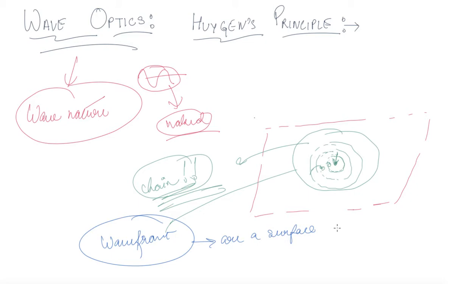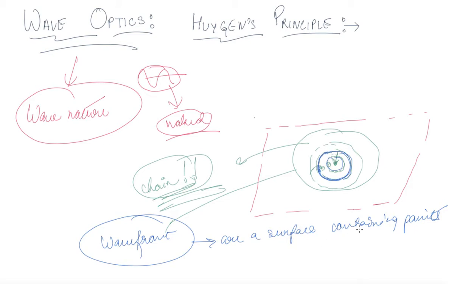Now it is a surface containing, what is this? It is containing points. Now this is a wave front. This whole is a wave front. This is a surface which contains all the points that are affected in the same way. All these points are affected in the same way by a wave, because of this wave, in a given amount of time.